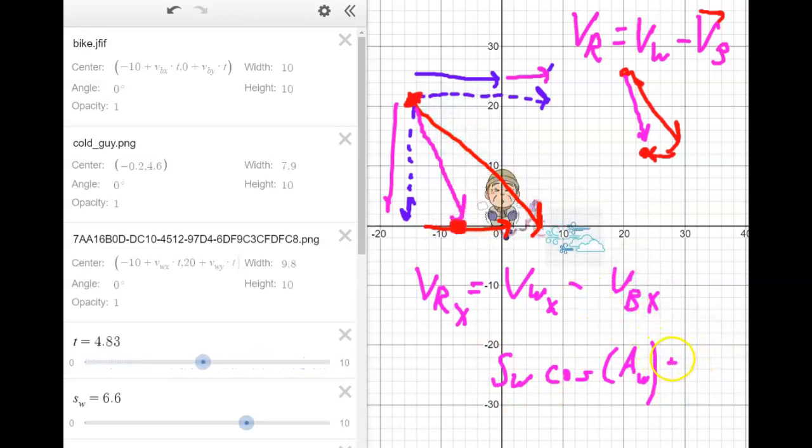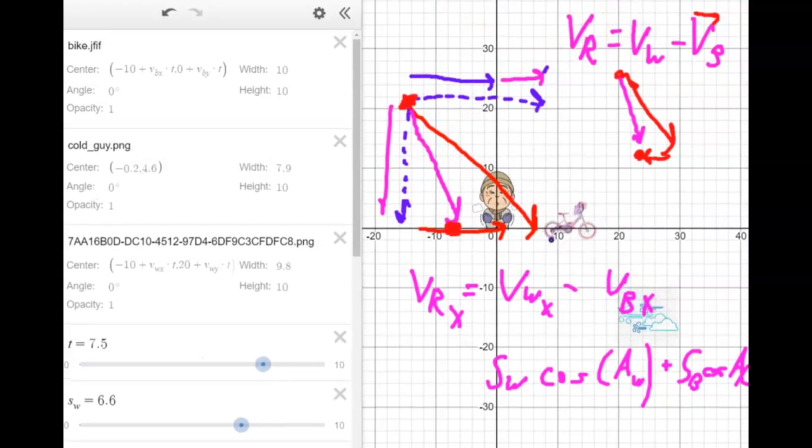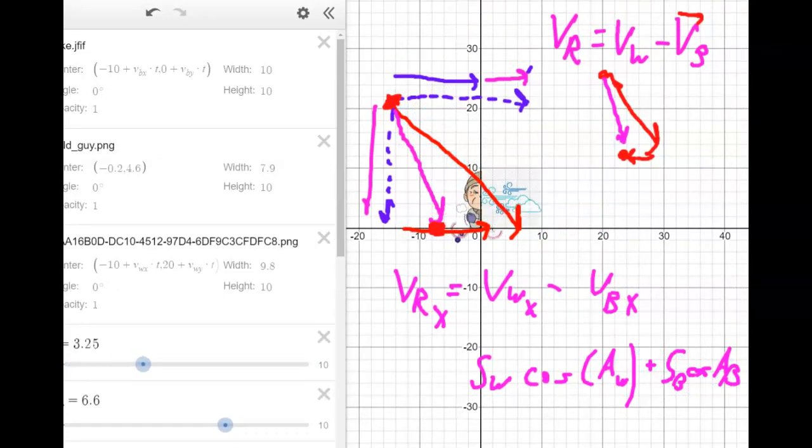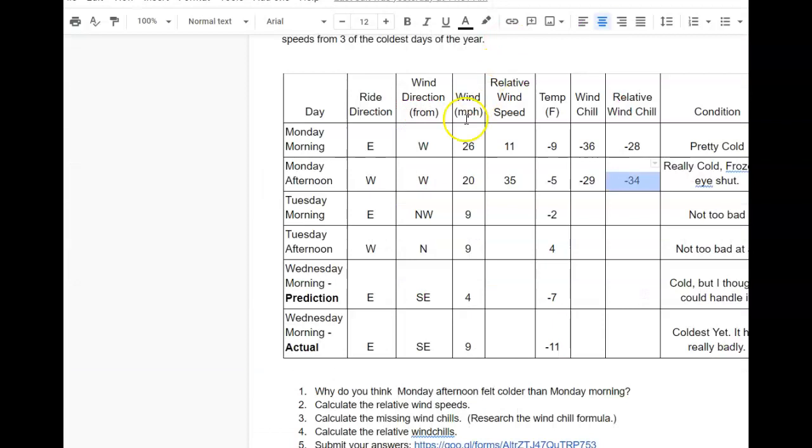So this is going to be plus the speed of the bike cosine angle of the bike. Let me move this over here a little bit to get that in there. In the same way, it's going to be like that for the y. So if we go into our relative velocity calculator here, and I do this in the x direction, the relative velocity in the x direction is going to be the speed of the wind cosine the angle of the wind.